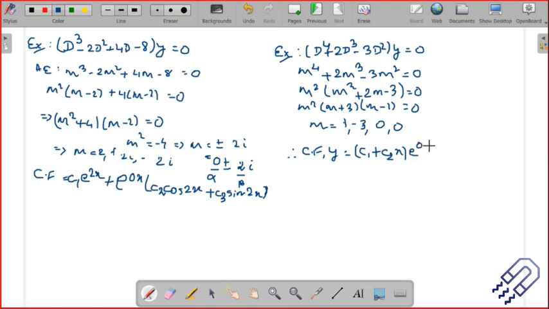M is 0, 0 is the repeated value, so 0x, plus the other two values of m are distinct, so I can write it down as c3 e to the power x plus c4 e to the power minus 3x. Now you have to note one thing: if I put 0 0 at the beginning, I can take these two together. If I put it later, I can also write down c1 e to the power x plus c2 e to the power minus 3x plus c3 plus c4x, e to the power 0x. It's the same, it doesn't make any difference.